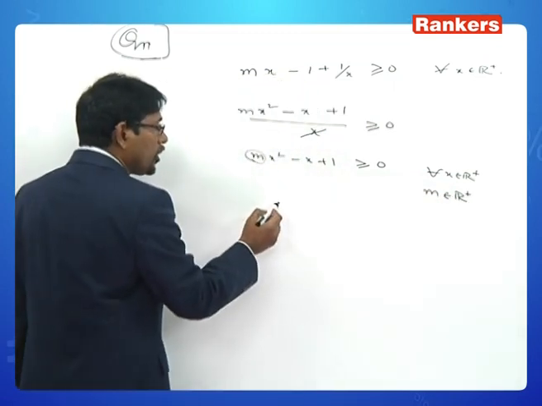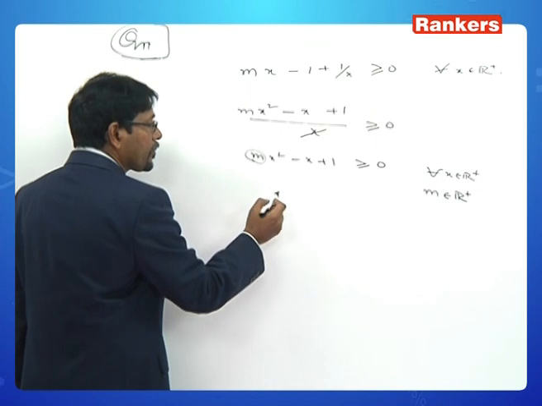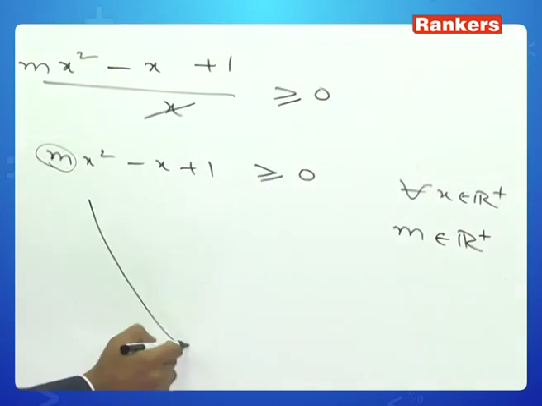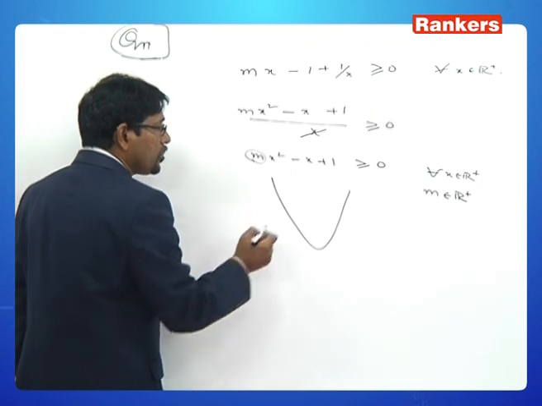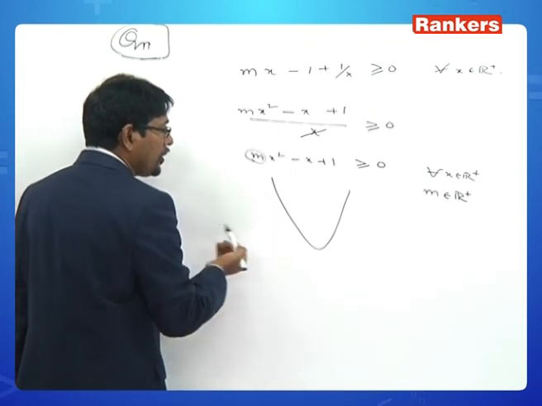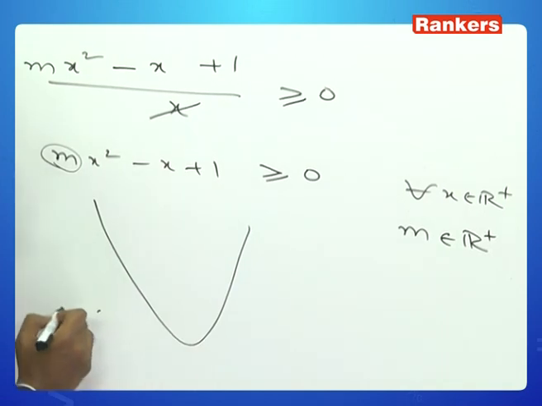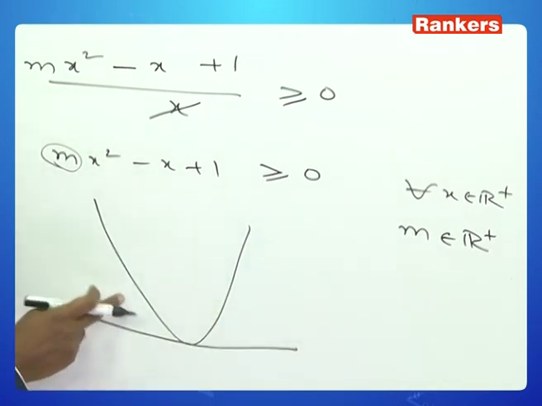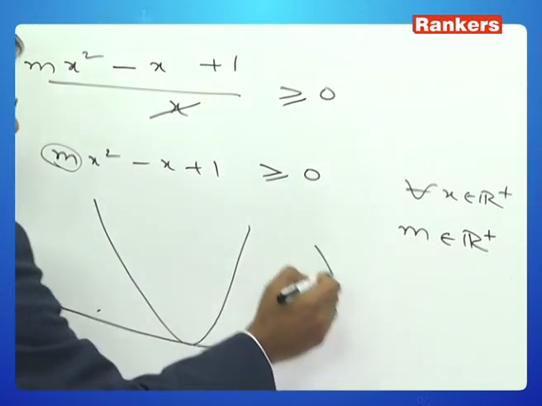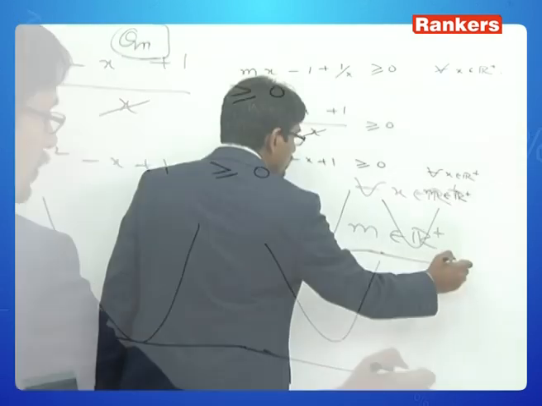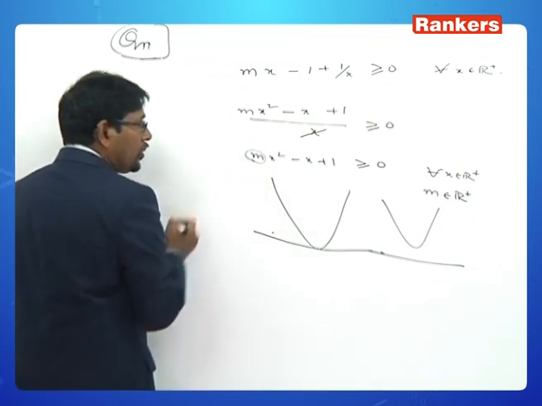So if you want this to be non-negative for all x positive, what is it you must have here? So the graph should be either above the x-axis or touching the x-axis here. It can be like this. Okay.